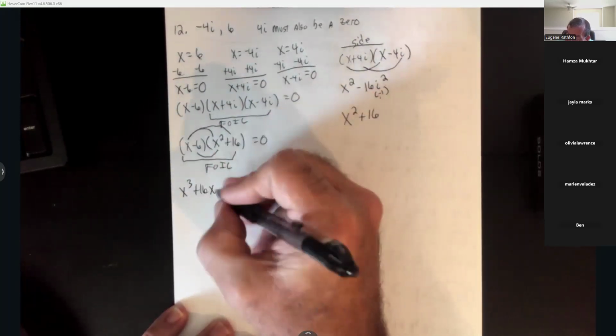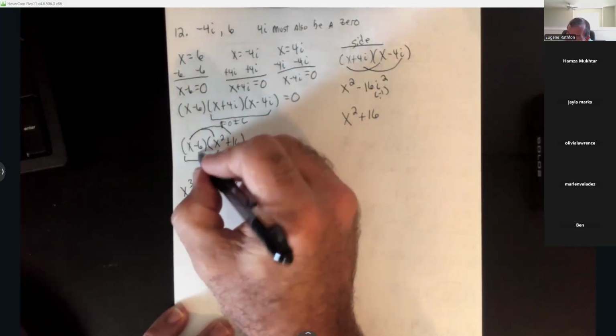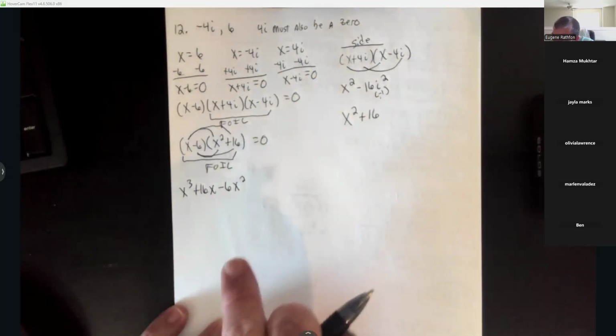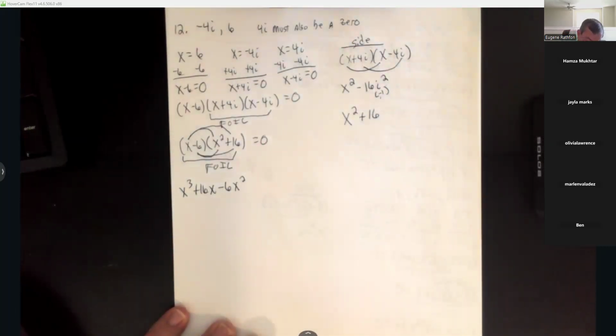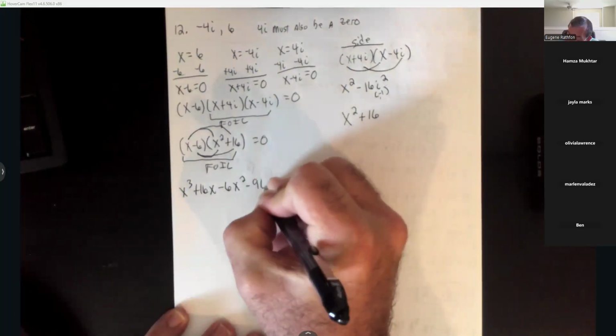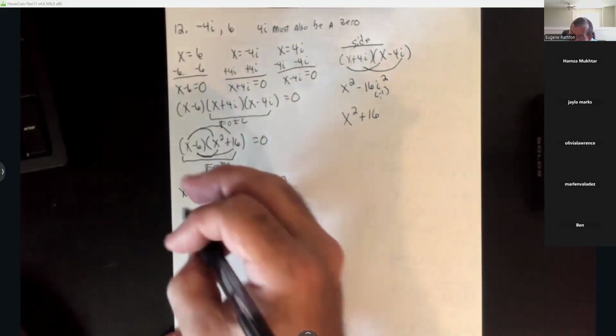Negative 6 times x squared is a negative 6x squared. And y'all finally, negative 6 times 16 is a negative 96. So the only thing you would do at that point would be to put it in order.